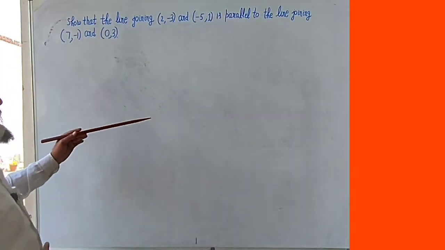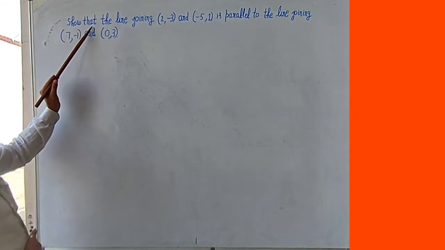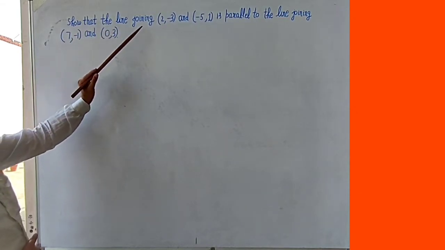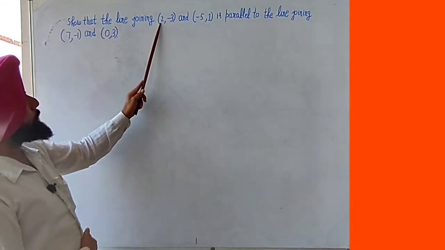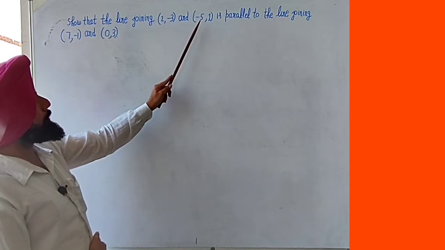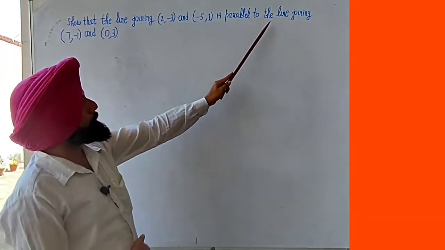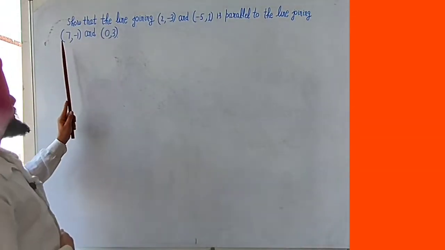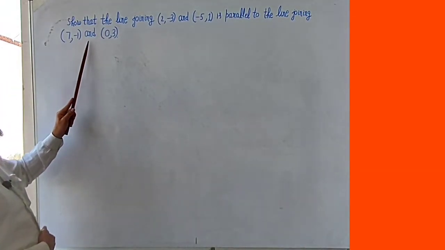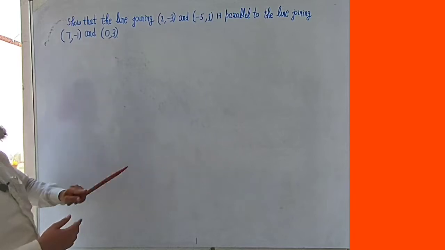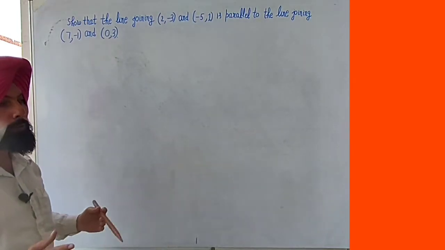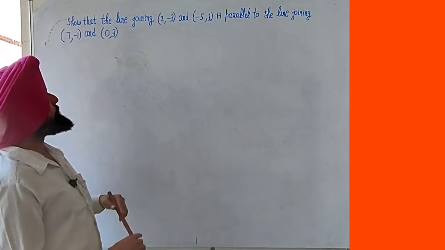Students, we have the sum: show that the line joining (2, -3) and (-5, 1) is parallel to the line joining (7, -1) and (0, 3). Now we have two lines.